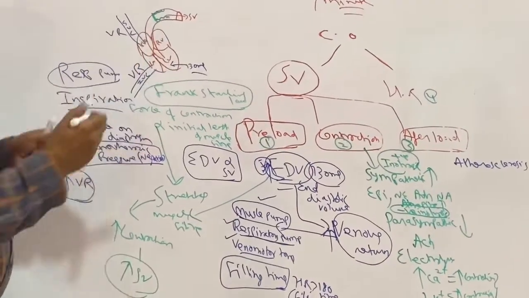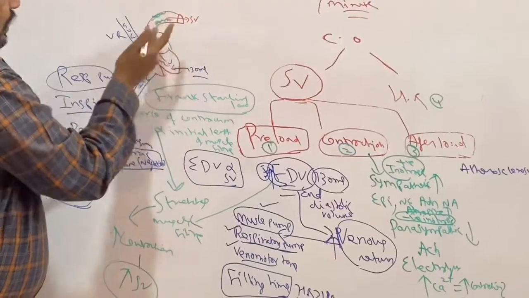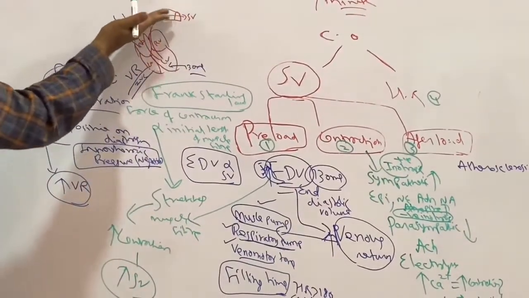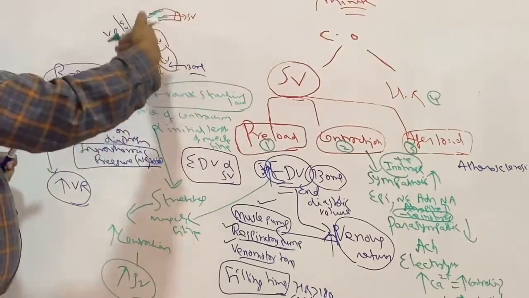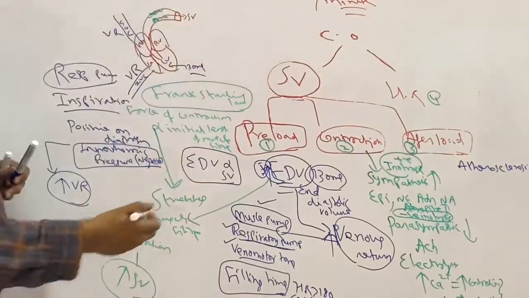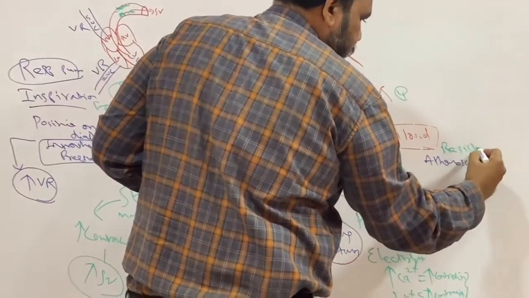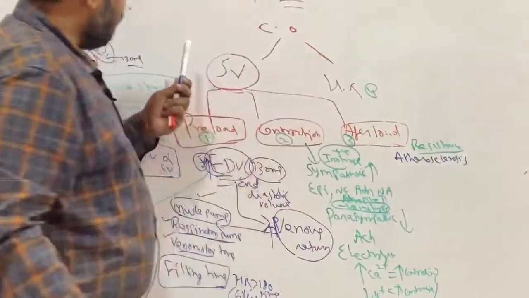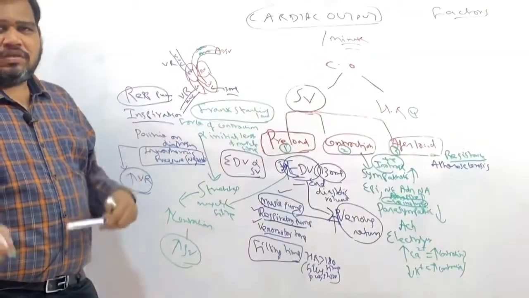So there atherosclerosis occurs. So what happens to this lumen? You can just see it is reduced. So what will happen to the cardiac output or stroke volume? The stroke volume will be less. That is called a resistance. So whenever afterload is going to be more, the stroke volume is decreased.